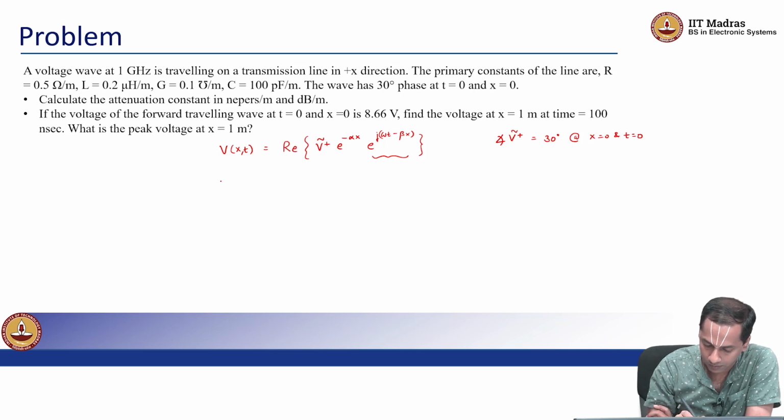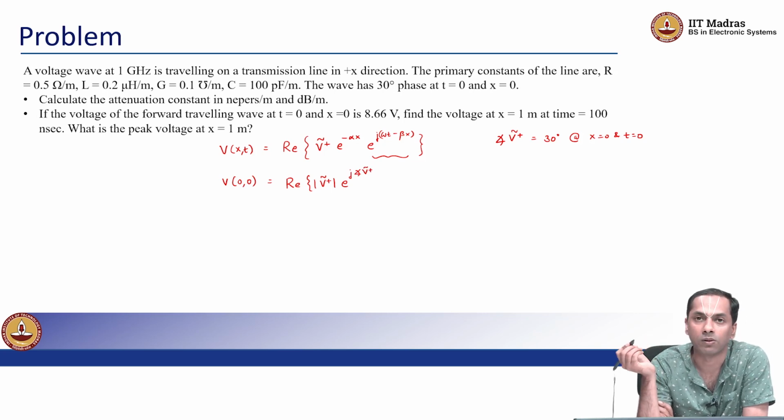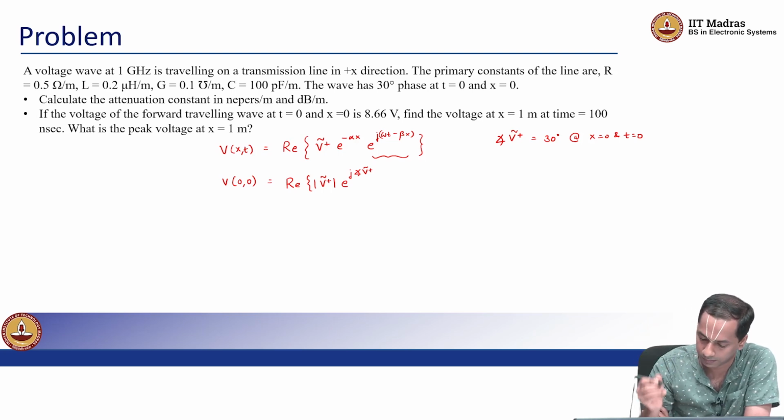Okay. So if I were to say V of 0 comma 0 is real part of V plus magnitude e to the j angle of V plus, and x is 0 and t is 0. So e to the minus alpha x is just 1 and e to the j omega t minus beta x is also 1.